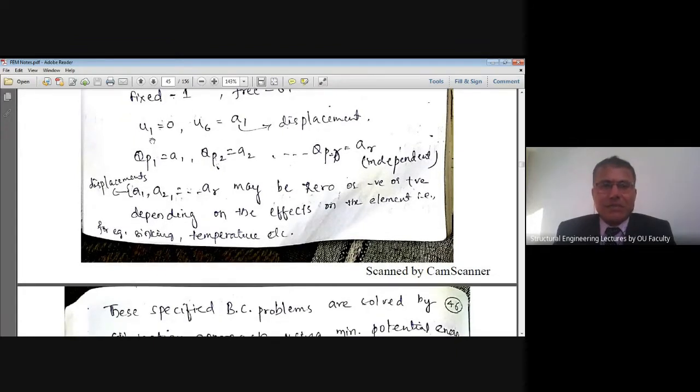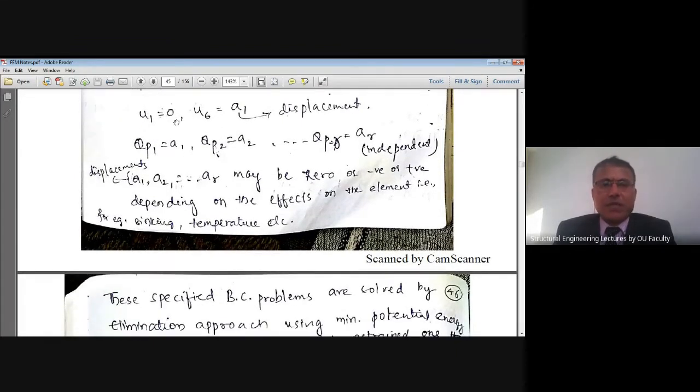The displacement value may be specified as 0, or the displacement value U6 may be specified as a particular displacement, maybe 0.6 mm or 1 inch or 1 foot as appropriate. Generally, these are applicable for sinking of supports, where the support is sinking by an amount delta. That is how the values may be specified.